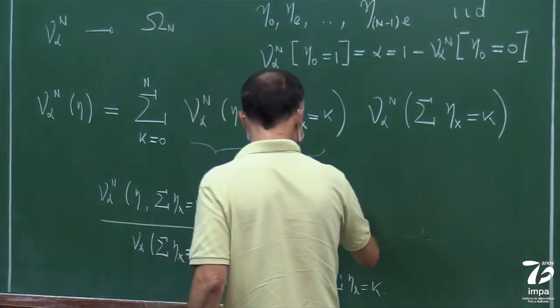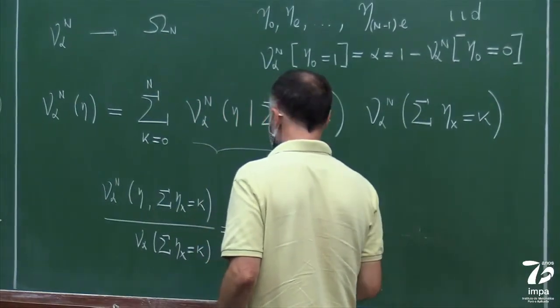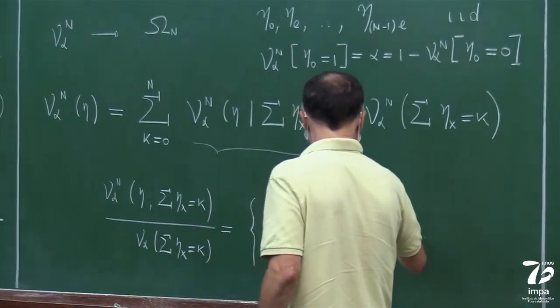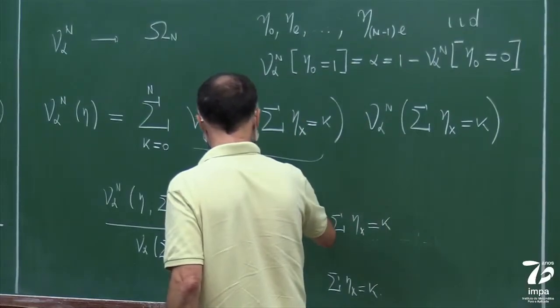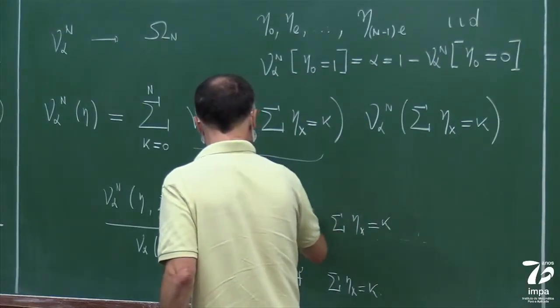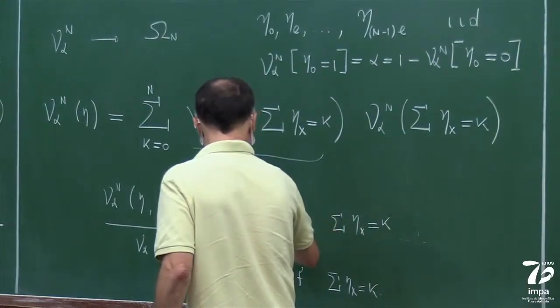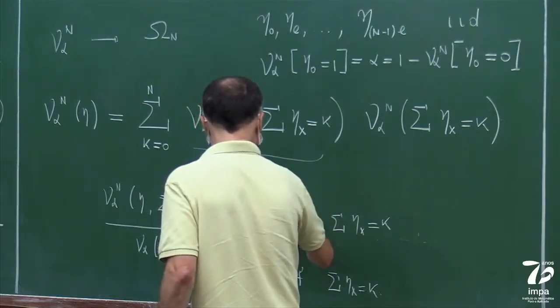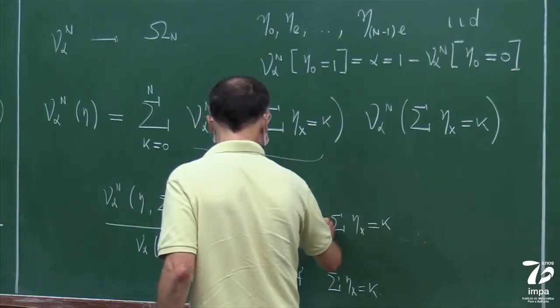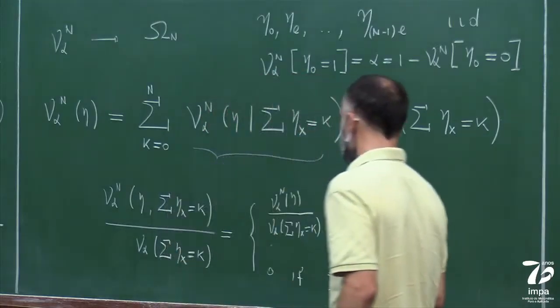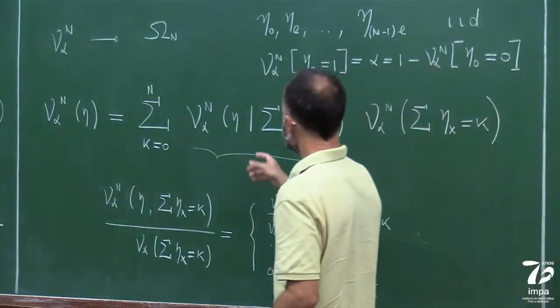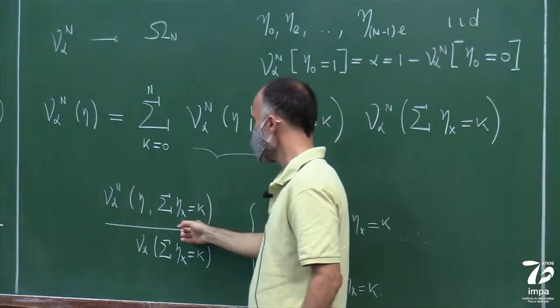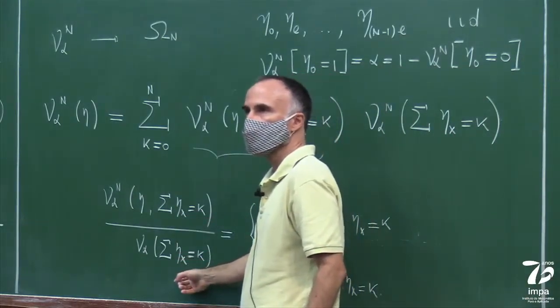If the total number of particles is equal to k, this will be just nu alpha of eta divided by nu alpha of the sum. I'm computing this: the intersection divided by the sum.